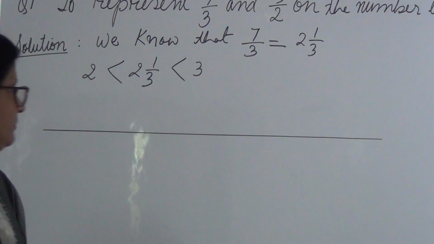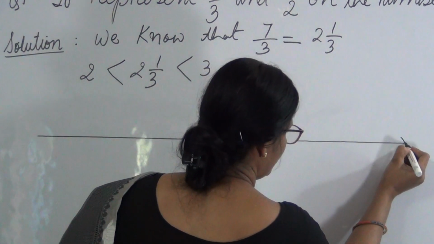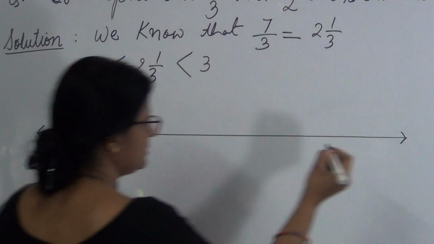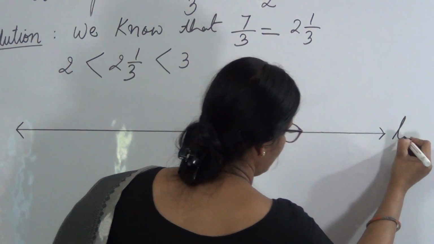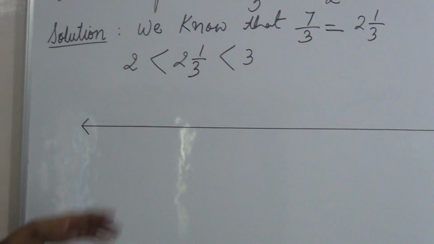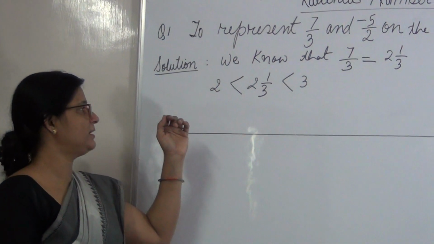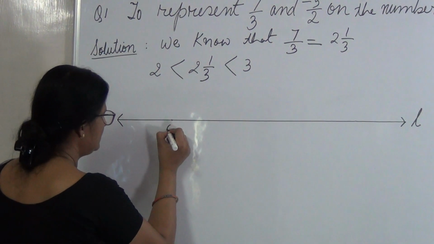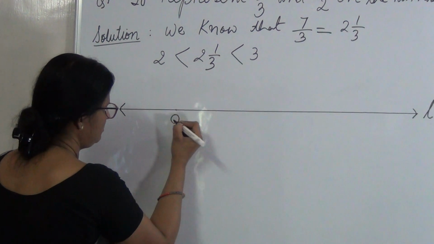We draw a line, put arrow at both the ends and name the line L. Since it is a positive rational number, we need to locate it on the right side of 0.